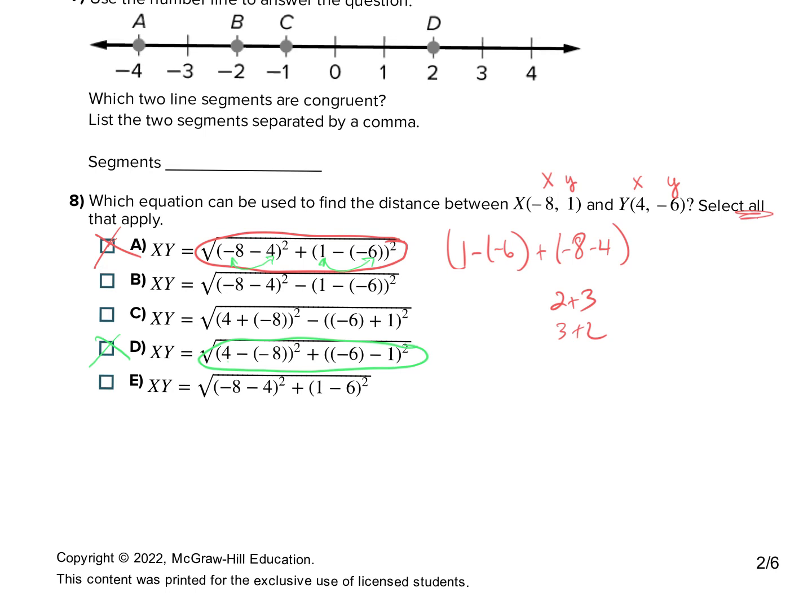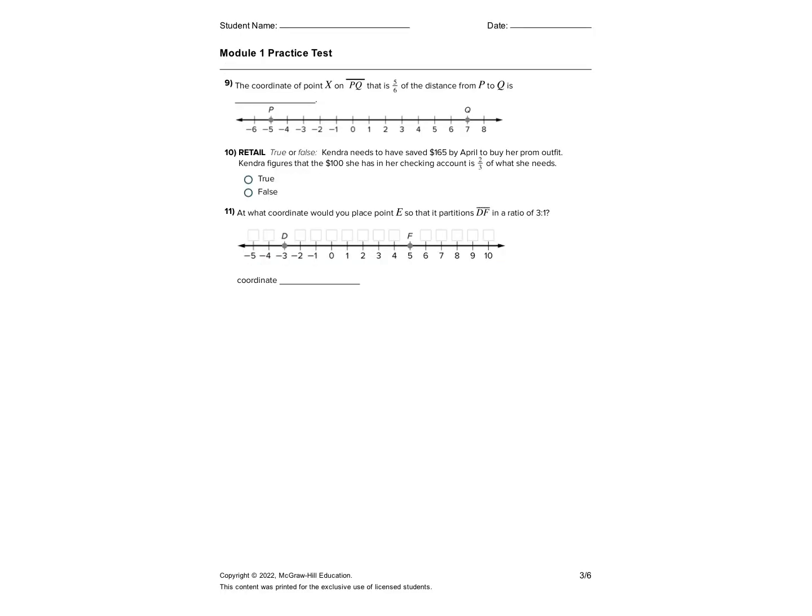I taught you how to do it using Pythagoras' theorem. But just know that those values of the legs, 7 and 12, come from taking the difference of the x and y values on the coordinate plane.